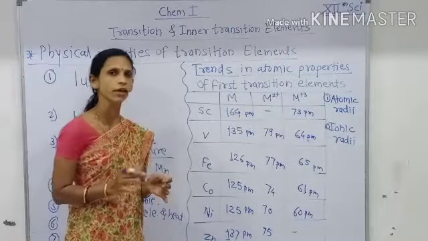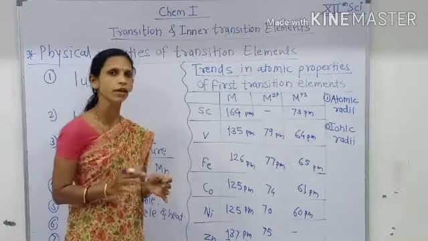The elements have the same 2+ oxidation state, chromium is to the left of copper with ionic radius 82 pm, and the copper 2+ ion has an ionic radius of 72 pm. That means it decreases from left to right because effective nuclear charge increases from left to right. Therefore, ionic radii also decrease from left to right.